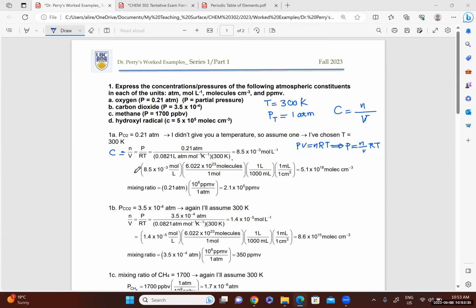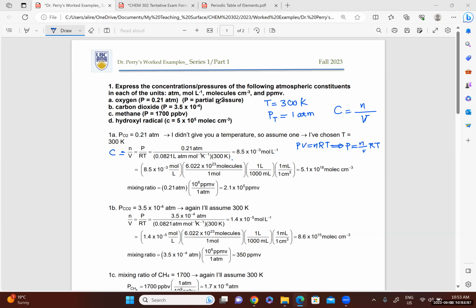All right, the second part of the question now wants us to convert the oxygen that is given in partial pressure to molecules per centimeter cube. Molecules per centimeter cube. How to do that?